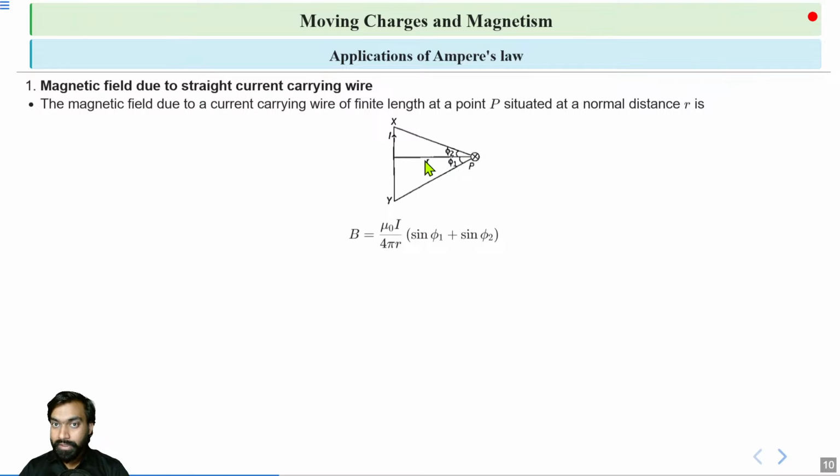So the magnetic field at point P due to the finite wire is given by B equal to mu naught I divided by 4 pi r, times (sine phi 1 plus sine phi 2).